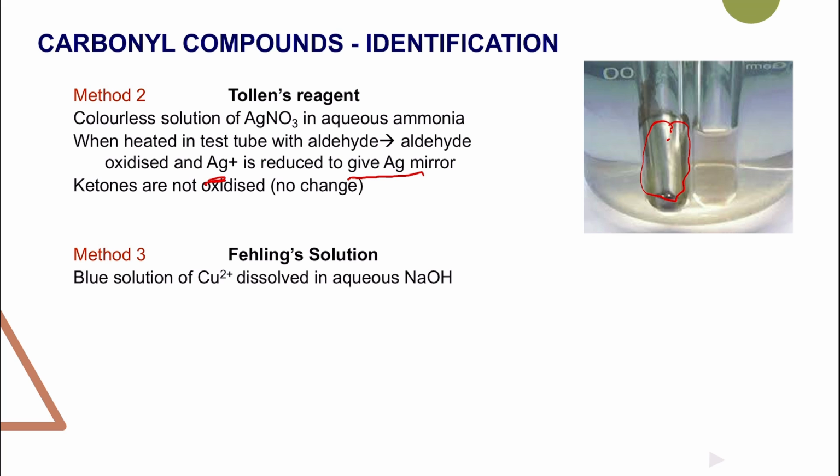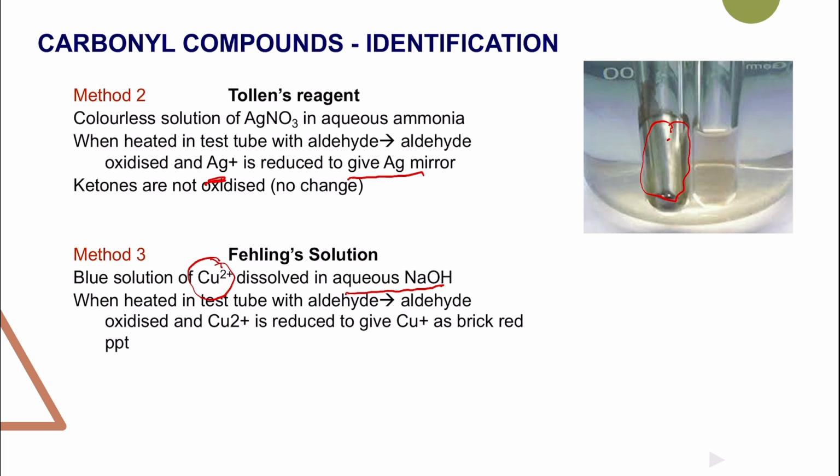Fehling's test is a blue solution of copper 2 ions, or copper 2 compounds, dissolved in aqueous sodium hydroxide. So it's going to be the blue color of copper 2 plus. When it is heated in a test tube with an aldehyde, the aldehyde will be oxidized while the copper 2 plus will be reduced to give copper 1 plus, which has a different color, a brick red precipitate.